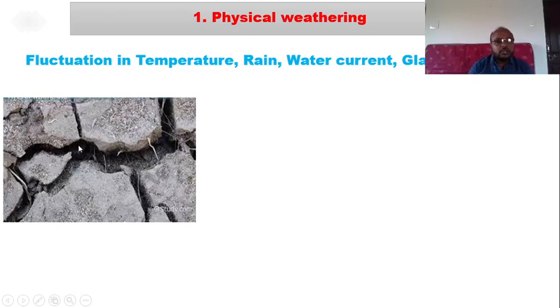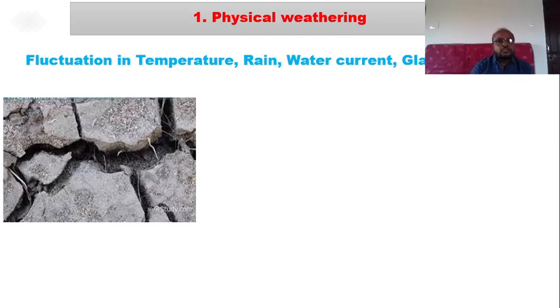The fluctuation in temperature results in expansion and contraction of the rock. That means when the temperature increases, due to the high temperature the rock will disintegrate or crack, and when the temperature becomes less, the rock will contract.